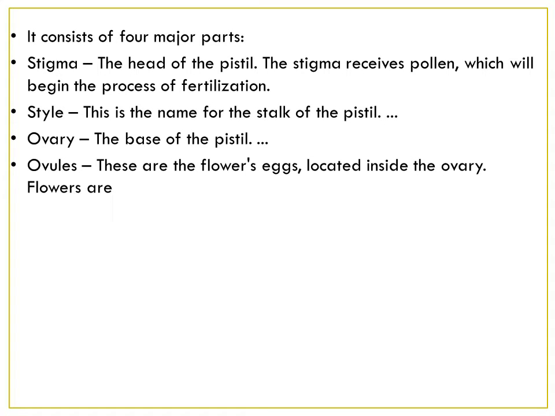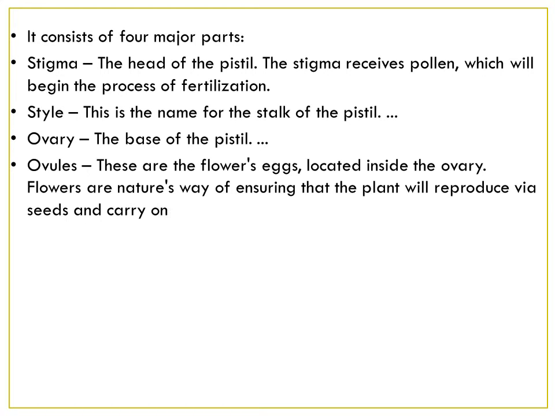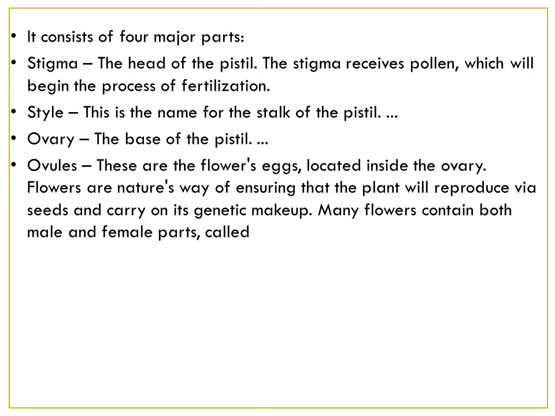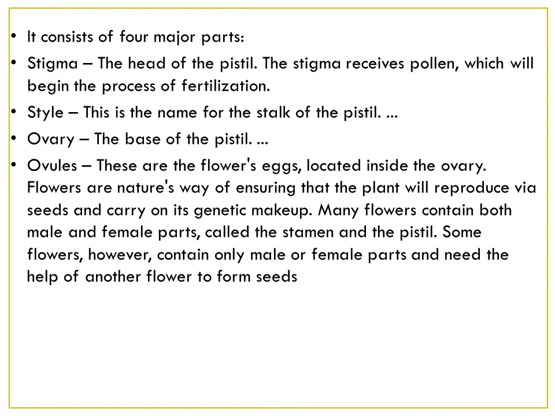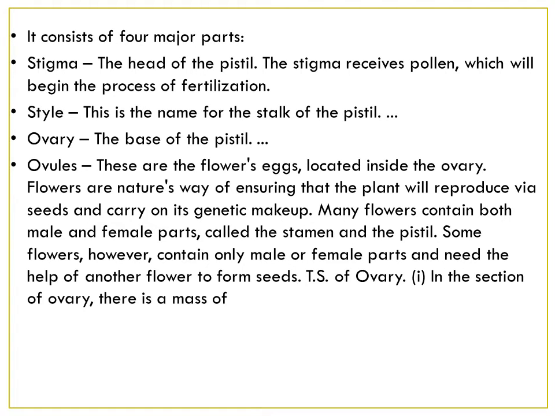Got it? Flowers are nature's way of ensuring that the plant will reproduce via seeds and carry on its genetic makeup. Many flowers contain both male and female parts called the stamen and pistil. Some flowers, however, contain only one, male or female parts, and need the help of another flower to form the seeds.